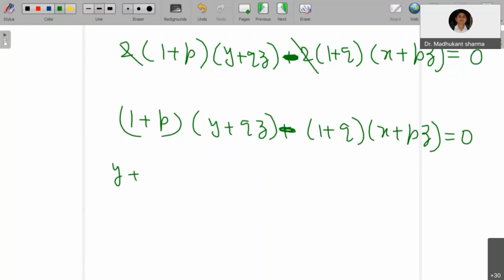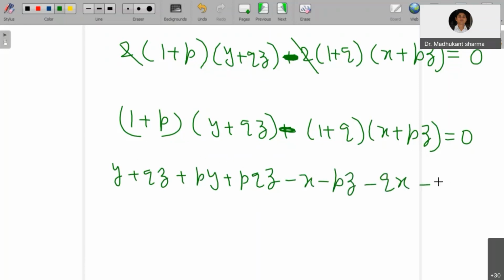Okay, so y plus qz plus py plus pqz minus x minus bz minus qx minus pqz is equal to 0. So pqz will get cancelled.